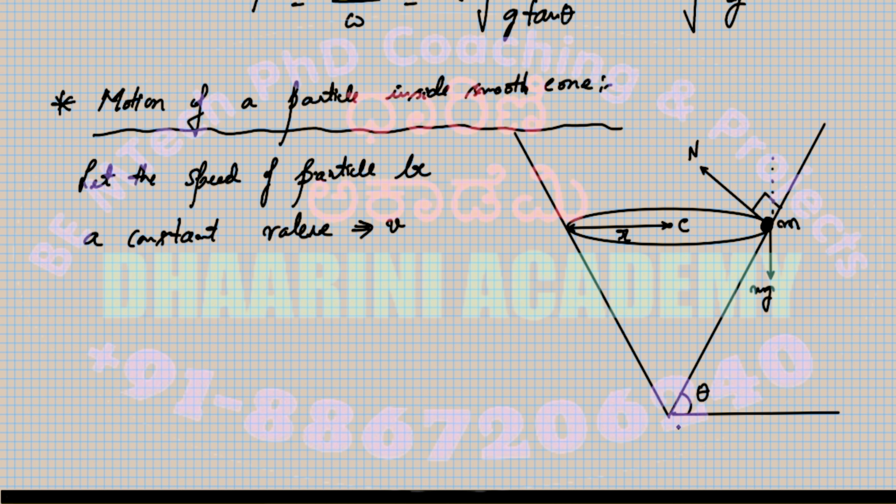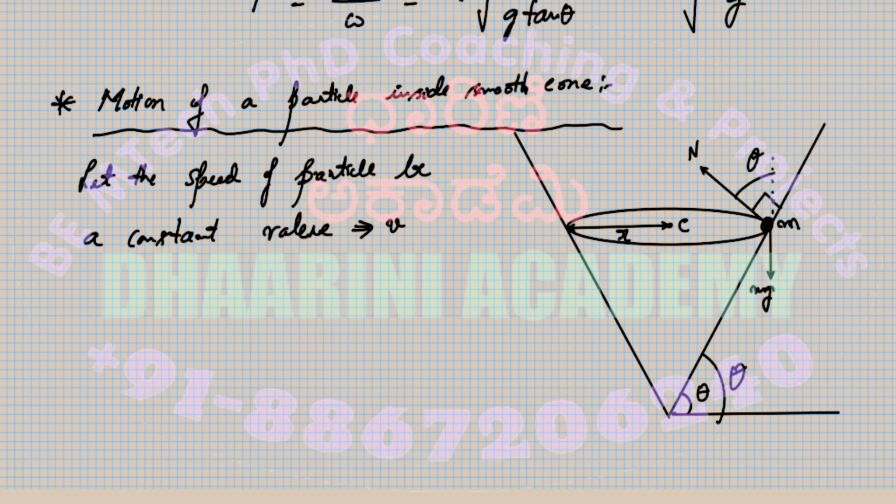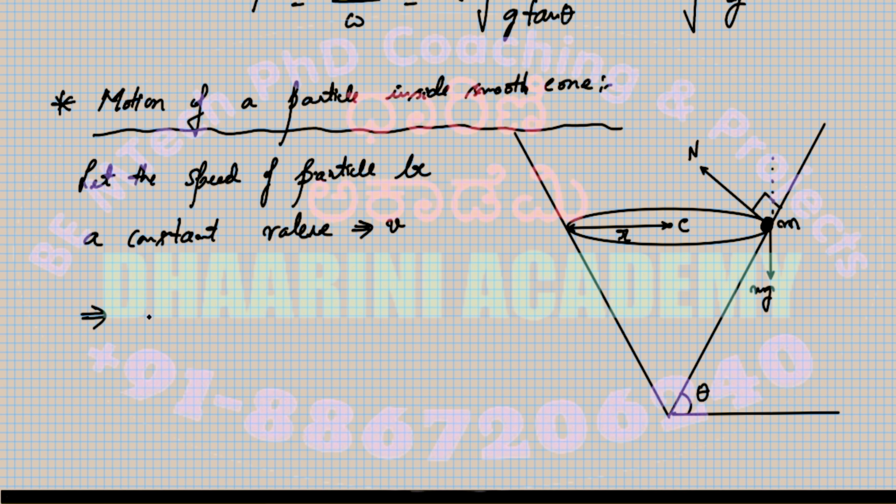If there is an angle theta over here, this will also be theta. That's the tilt which you get. So I can write one equation now, very straightforward. This is n, the vertical component will be n cos theta. So one is n cos theta should be equal to the downward force, that is mg, equation 1.